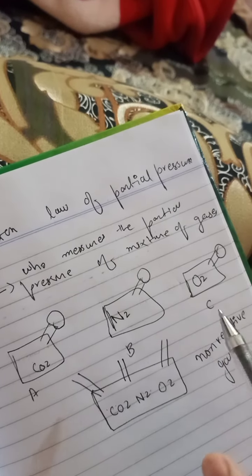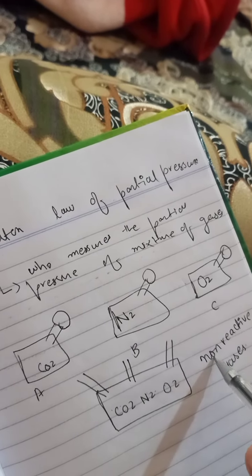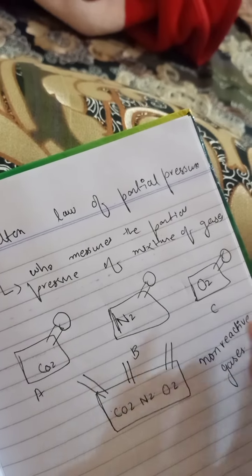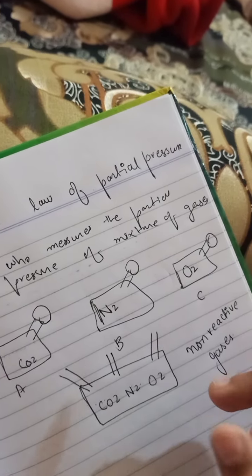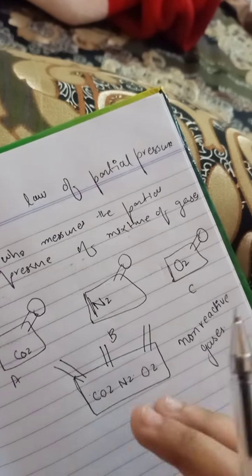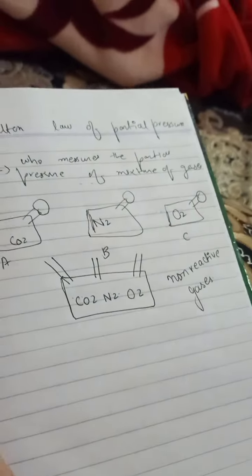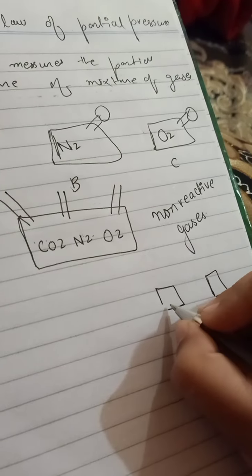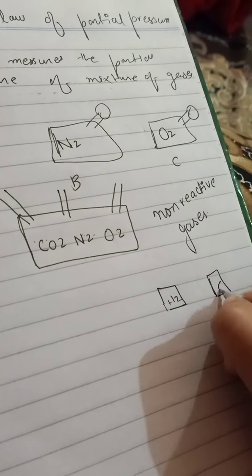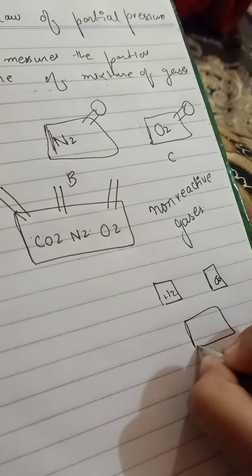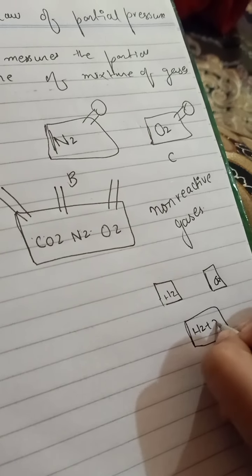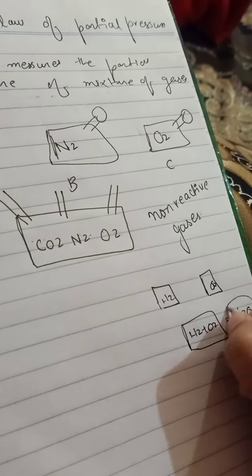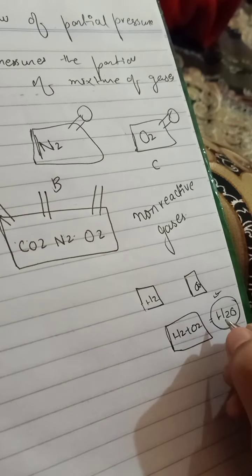That's the main point: he measured the partial pressure of a mixture of non-reactive gases. Consider reactive gases too. For example, we are having hydrogen in one chamber and oxygen in another. If we combine them, H2 plus O2, they can react with each other and make water.